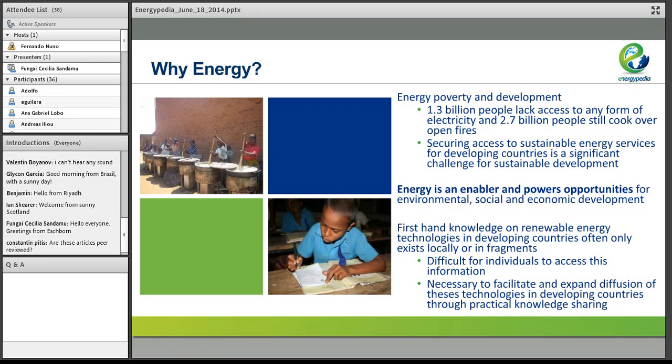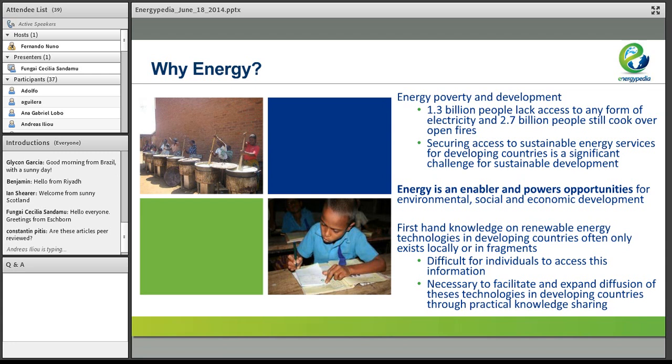At Energypedia, we believe that ensuring access to relevant knowledge and expertise is thus key to empowering stakeholders to take informed decisions on the design and implementation of initiatives that can actually enhance energy access.